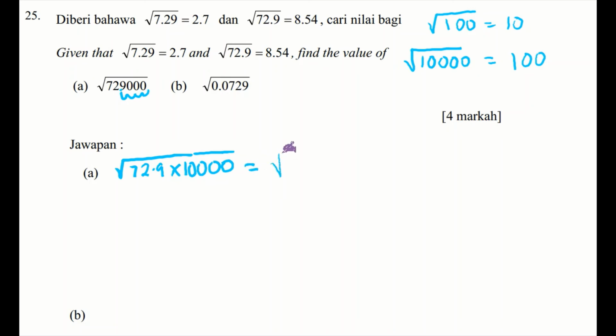This can also be written as the square root of 72.9 multiplied by the square root of 10,000.